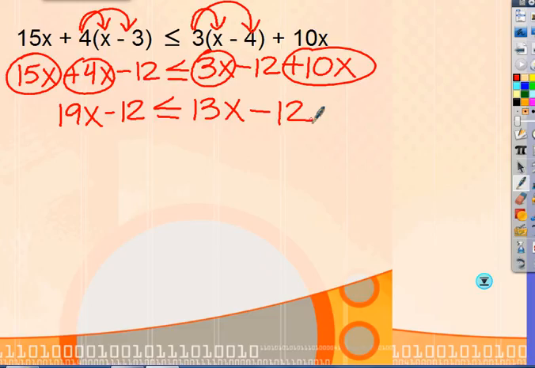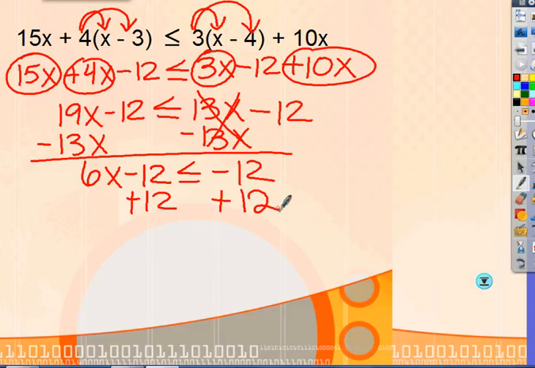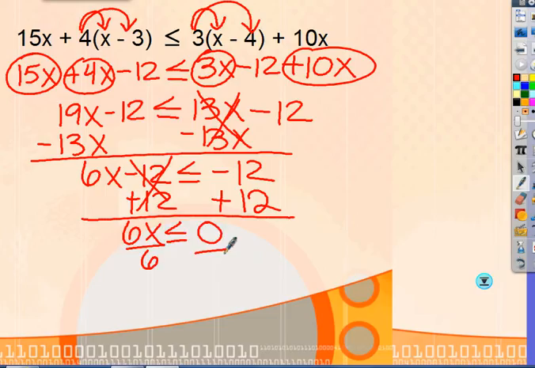Now, solve. Your solution comes out to be x is less than or equal to 0.